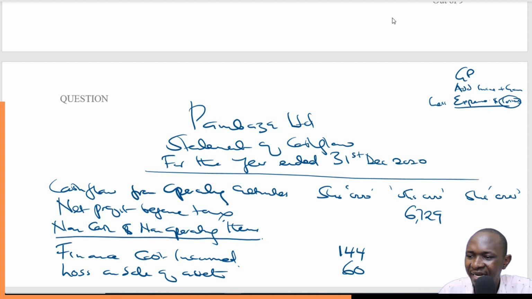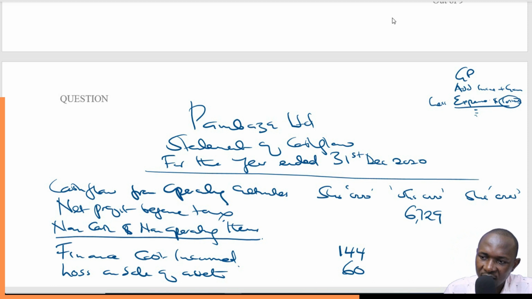So losses we had deducted, but because this is actually a non-current asset, we will include it in the rightful place where it's supposed to be. That is under the investment activities, not the operating activities.